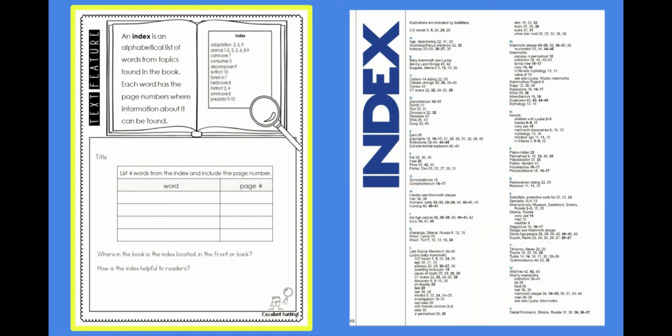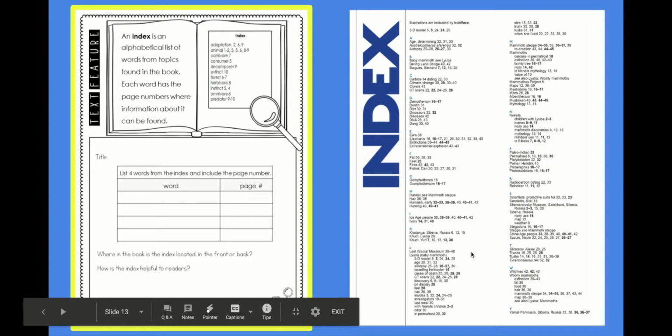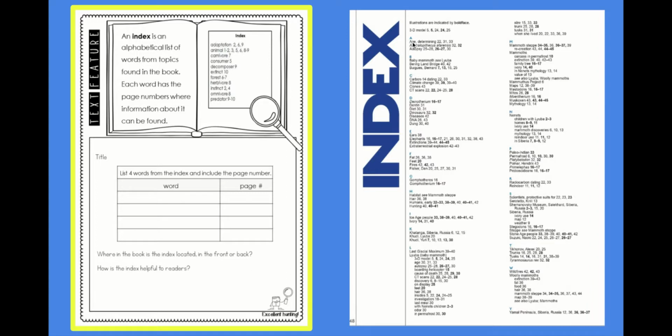All right, our next text feature is the index. And the index is an alphabetical list of words from topics found in the book. Each word has page numbers where information about it can be found. So if you look over here, this index in the back of the book has different topics and what page numbers they can be found.